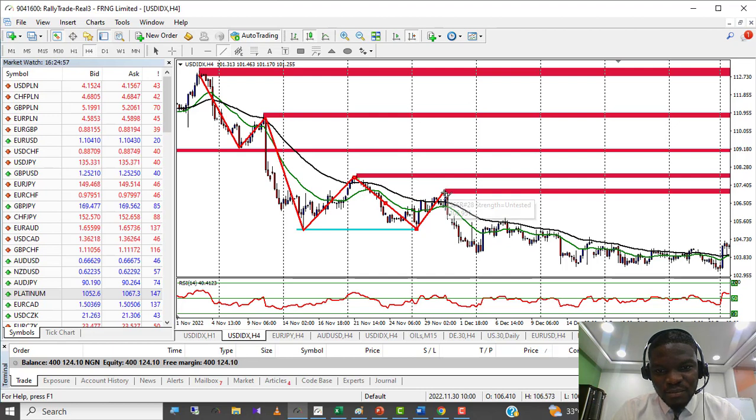So the next time it moves down, you can see that it actually took out this low, right? So right now, this is the high. Don't forget, it is not this high, right? This is the high. So everything that happens inside here can be termed as internal structure, right? So on its way to take out this low, to cause this break of structure, it has to do all of this, right?